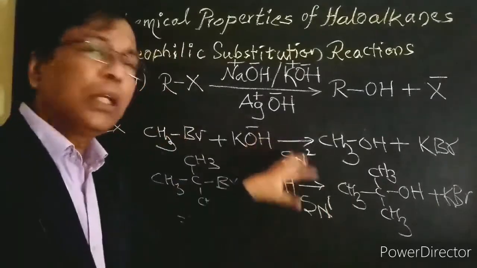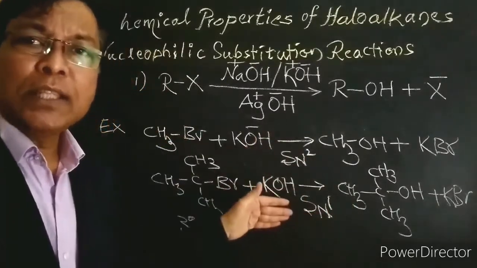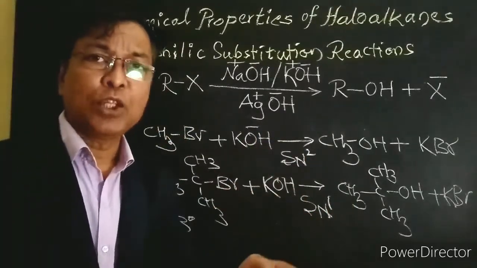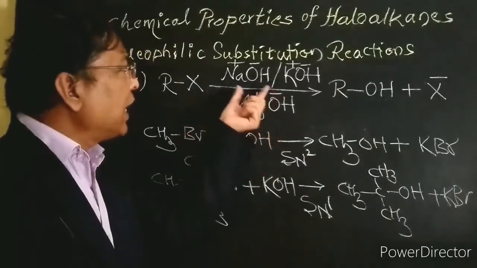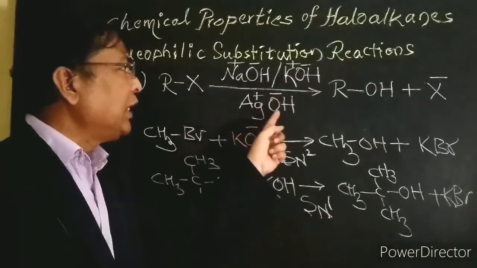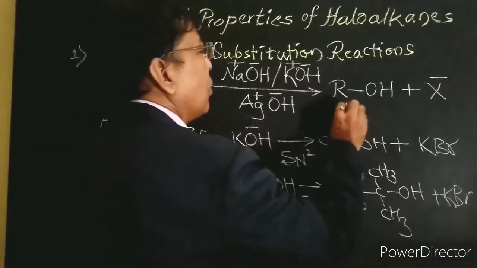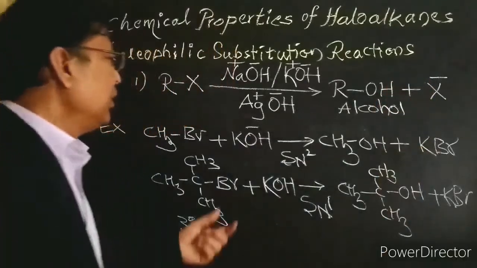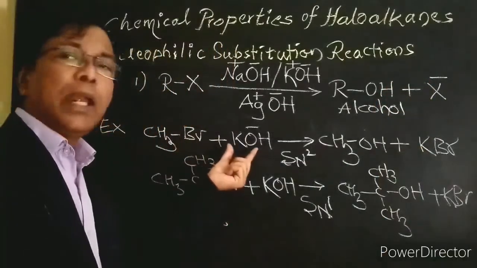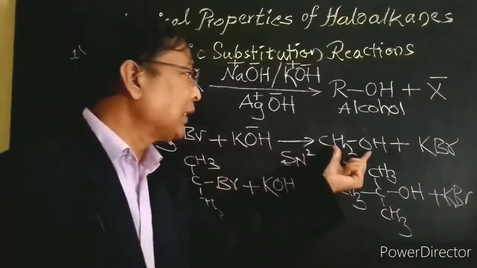We are going to study in detail what Sn1 and Sn2 reaction mechanisms are later. When alkyl halides react with NaOH, KOH or AgOH, we get alcohols. And if methyl bromide reacts with KOH, we get methyl alcohol.